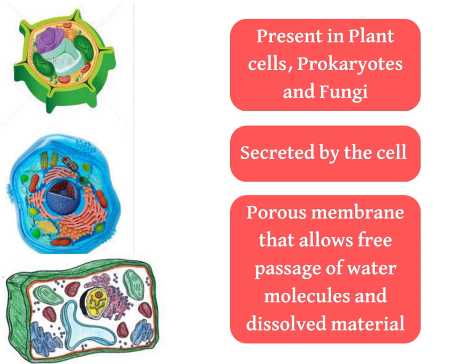Now cell wall is present in plant cells, prokaryotes and fungi. It is secreted by the cell. It means that cell wall is derived from minute vesicles produced in Golgi complex. Golgi complex or Golgi apparatus is an organelle that is present in cytoplasm. It is a double membrane bound organelle. It produces minute vesicles.